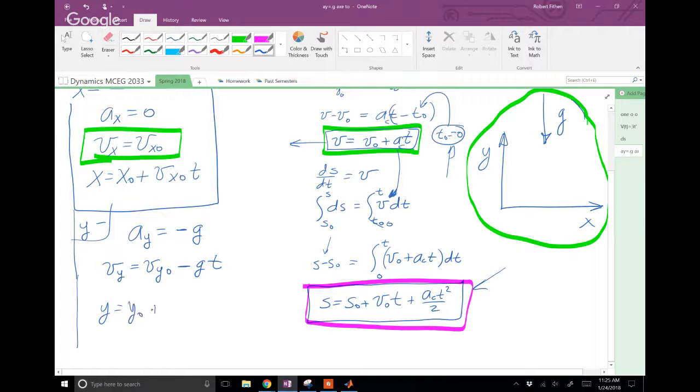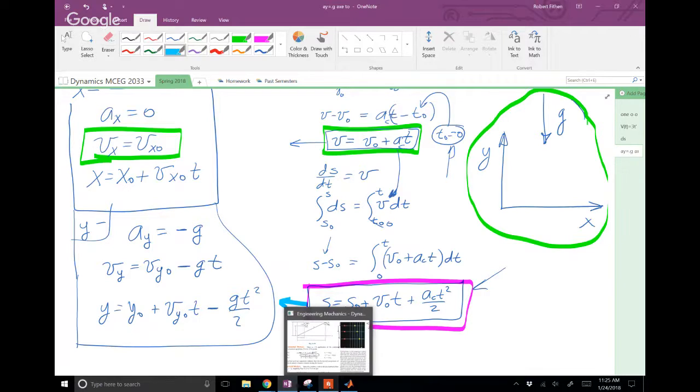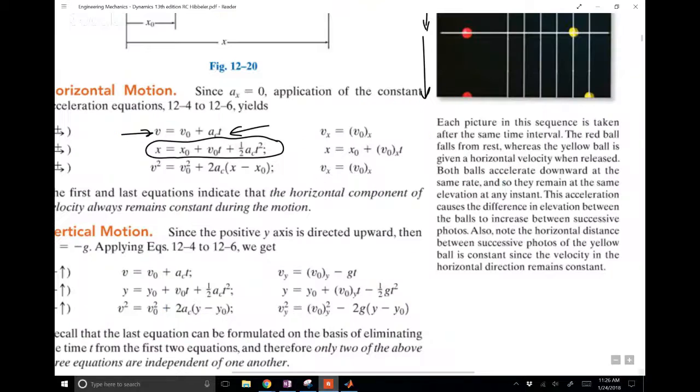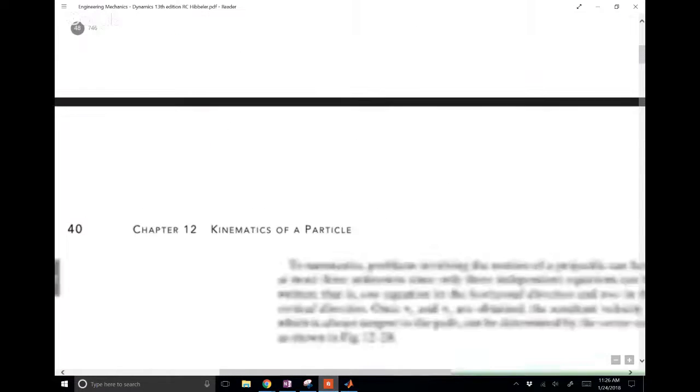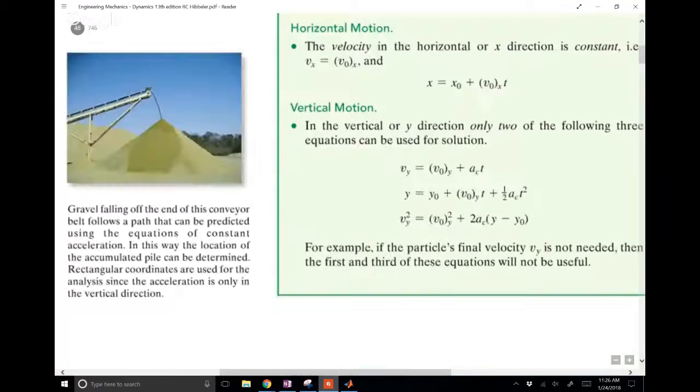So then you get Y naught plus Vy naught t minus g t squared over 2. So again, all I'm doing is copying this over, replacing the s with that. In the book, that's exactly the two equations, although in a weird way first, like this. And then it goes down, I guess, maybe the next page, or maybe the page after.